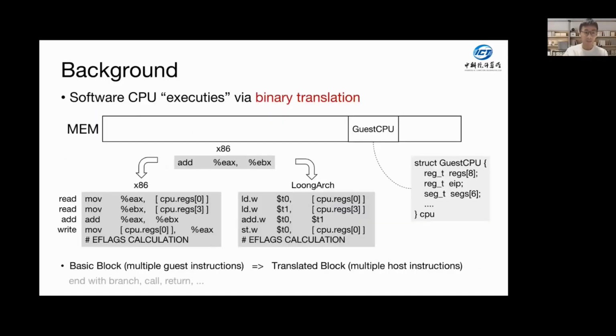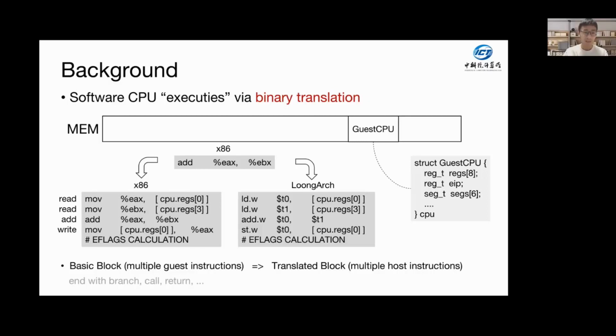How does the binary translation do this? Here is a simple example of binary translation. The guest is x86 and the host can be any other ISA. The guest CPU state is stored in memory. For the guest add instruction, we can generate the following instructions to emulate its function.